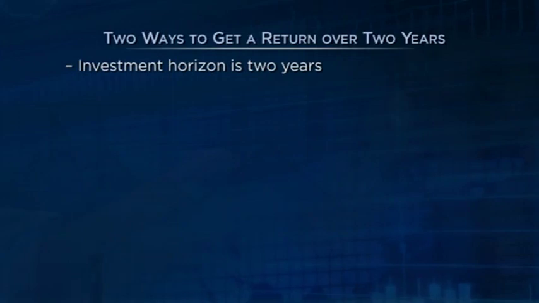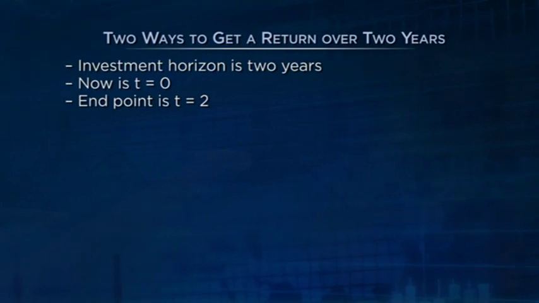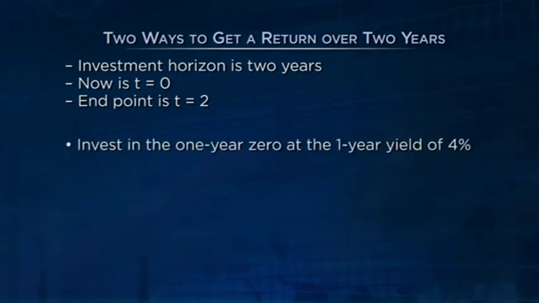Let's say your investment horizon is 2 years. Let now be t equals 0, and let the end point of your strategy be t equals 2. Let's consider 2 ways in which you can get a return over 2 years. 1. The first way is to invest in the 1-year zero at the 1-year yield of 4%.